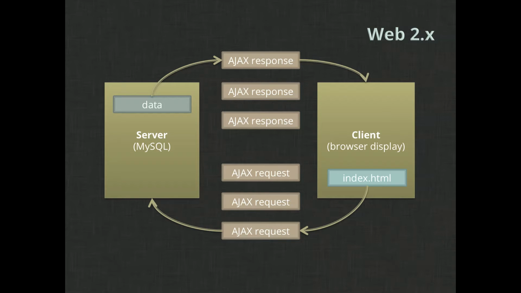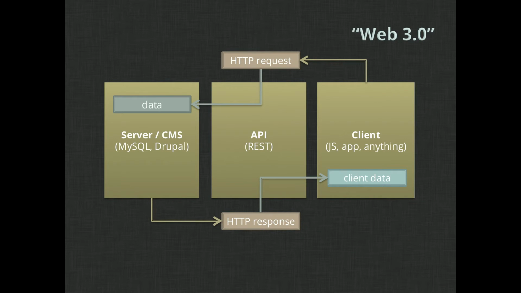So now in the last, I would say, about 4 or 5 years, we've really evolved to what I would call Web 3.0. And the whole idea of Web 3.0 is, rather than use AJAX requests that are very sort of granular, let's go ahead and use a RESTful API that serves as a middleware layer between the server-side CMS and the client-side.